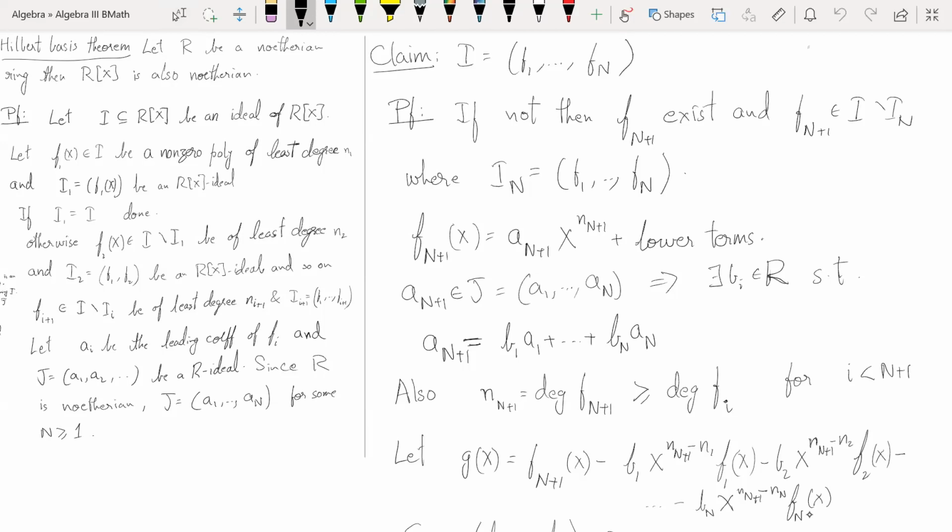So how does f(N+1) look like? It's a sub (N+1) times x to the power n sub (N+1), where n sub (N+1), remember, is the degree of f(N+1), plus lower terms.